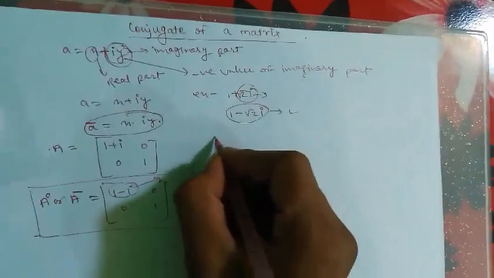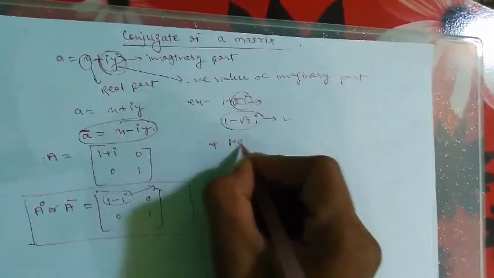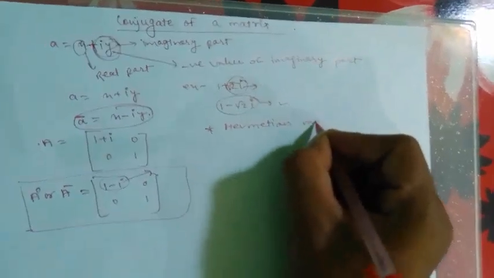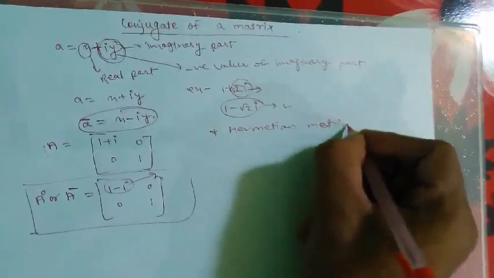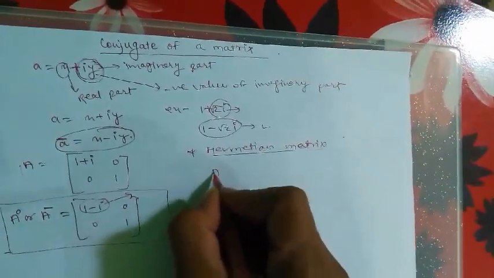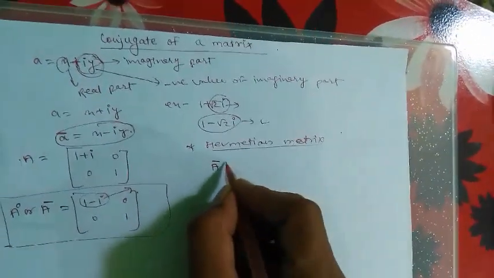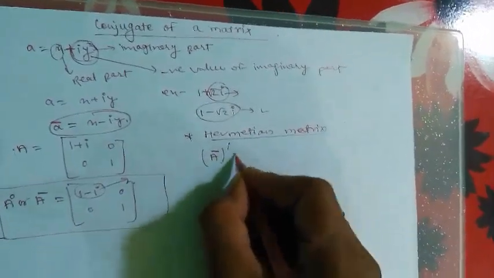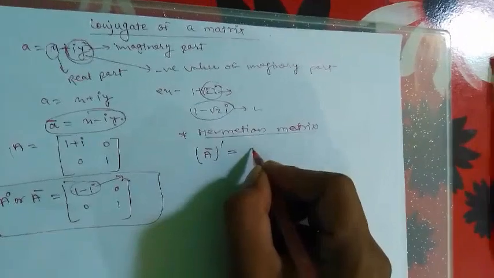So my next topic is Hermitian matrix. Hermitian matrix, what is it? I will let you know that when we take the conjugate of a matrix and the transpose of this conjugate, it is called the Hermitian matrix.